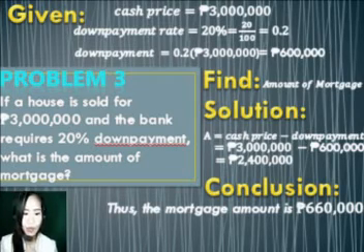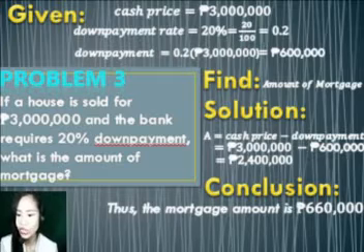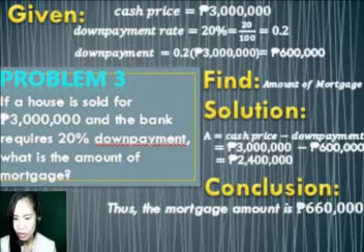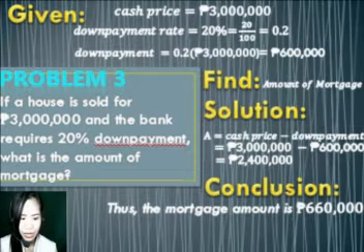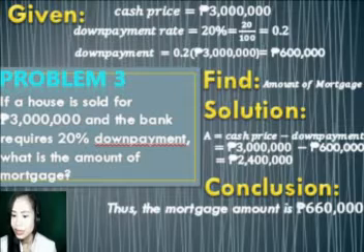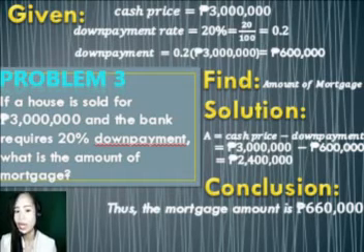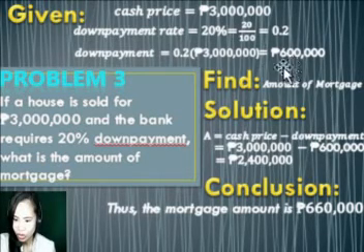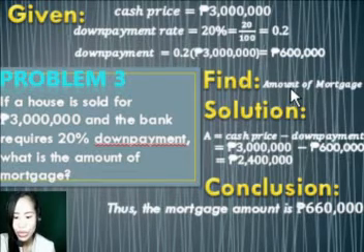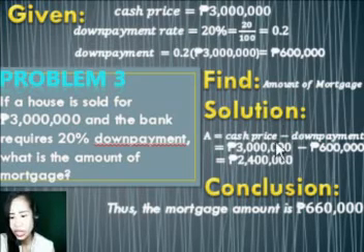So you will just simply divide 20 by 100 or move 2 decimal places to the left. That is 0.2. So for your total down payment, you will just multiply the rate and the cash price. So it is 600,000 pesos.